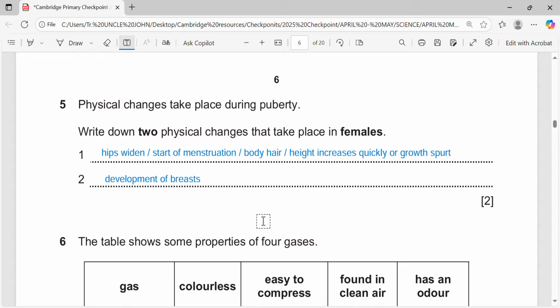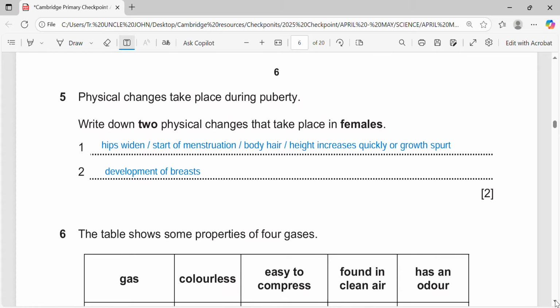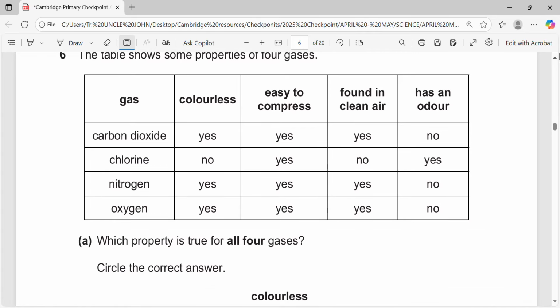Hips widen, start of menstruation, body hair, height increases quickly, or growth spurt. There is development of breasts. You just choose two of these. Let's go to number 6.